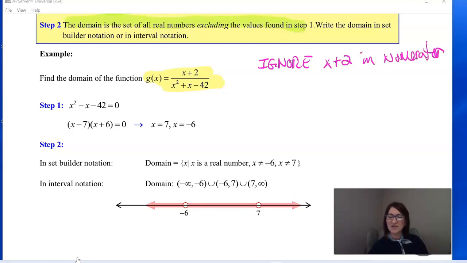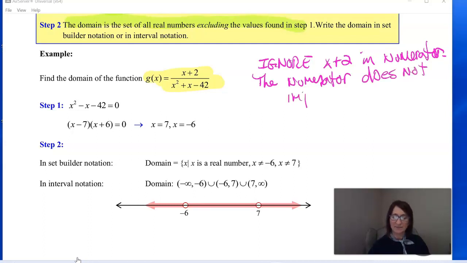It has nothing to do with it. The numerator does not impact the domain or the x values.